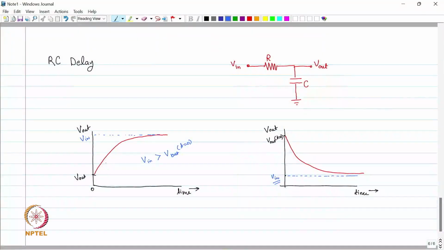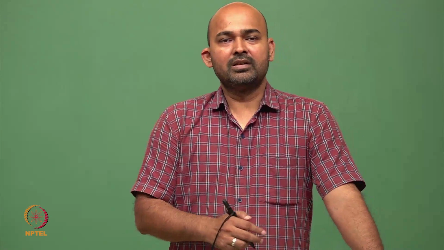You see, there's not a sudden kind of charging. There's an exponential behavior of V out with respect to time, which we can see. And theoretically, V out approaches V in in infinite time because it's an exponential curve. So it never actually reaches the final value, but it achieves a certain value within some reasonable time.